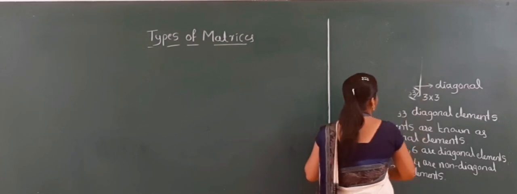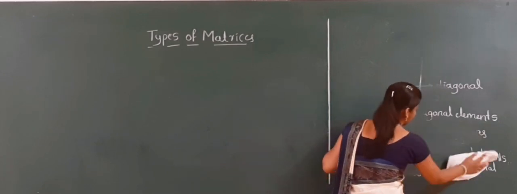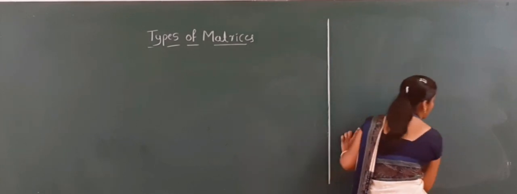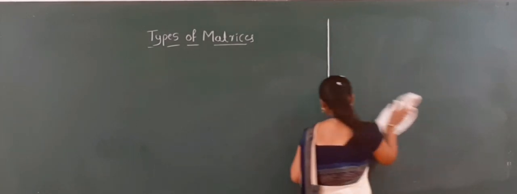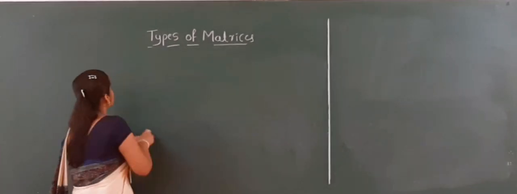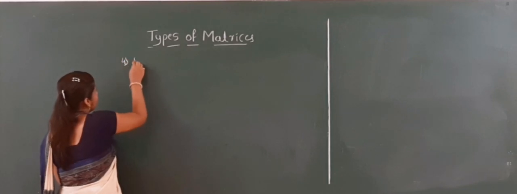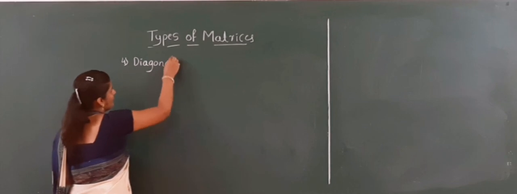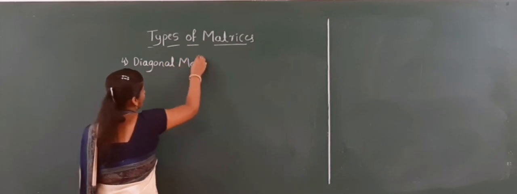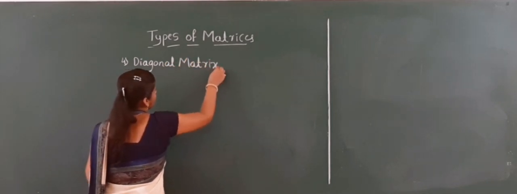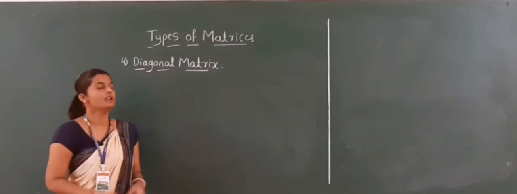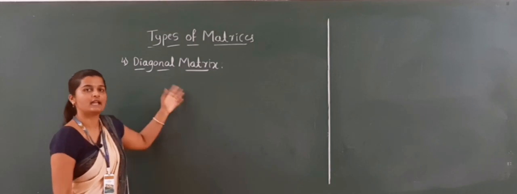Now, the 4th type of matrix is the diagonal matrix. Now only you have studied what is diagonal, and here the next type of matrix is diagonal matrix.